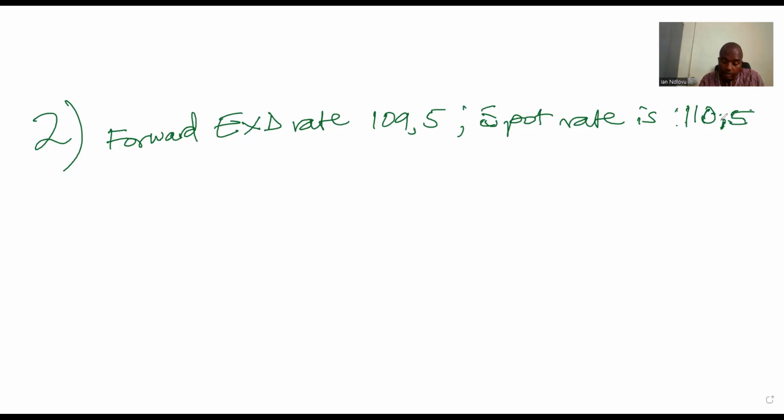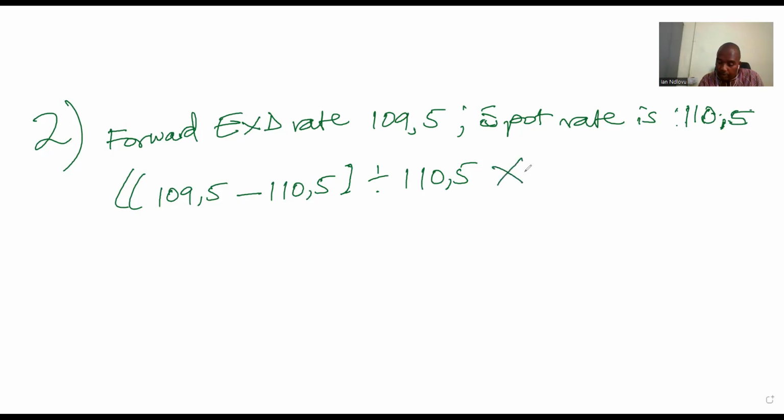So the annualized forward discount is calculated as follows. Open double brackets, 109.5 minus 110.5, divided by 110.5, close the second bracket, multiplied by 360 divided by 90, close brackets, multiplied by 100.